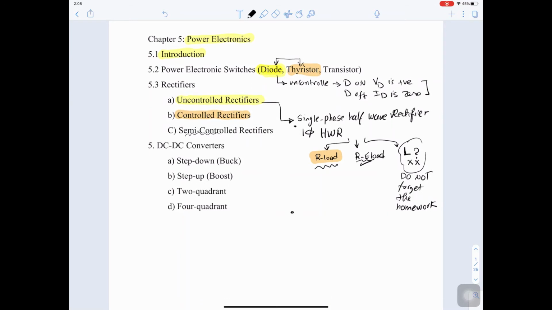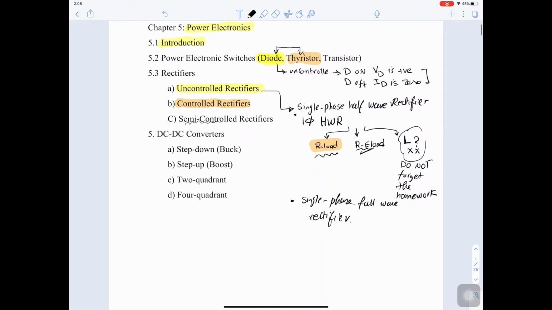And then we moved to the single phase full wave rectifier. Hopefully by next lecture we will see the effect of having an inductance. Then we will move to thyristors and controlled rectifiers. So we will finish most of the rectifiers next lecture. Thanks, and see you next lecture.